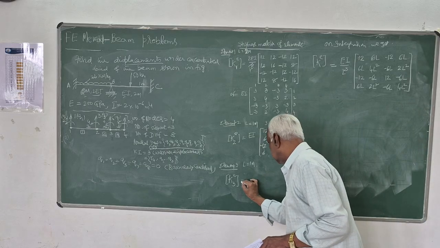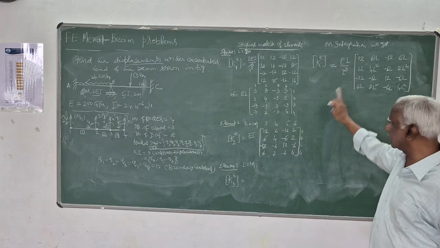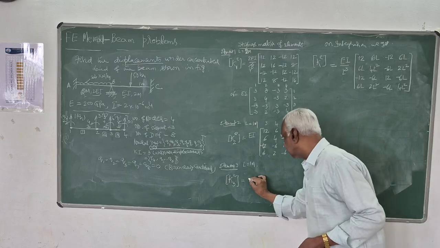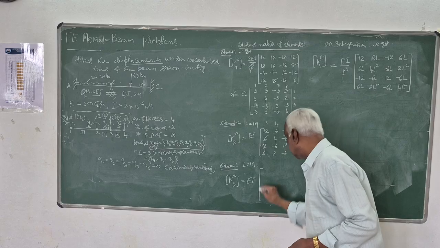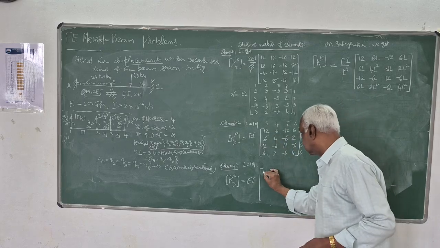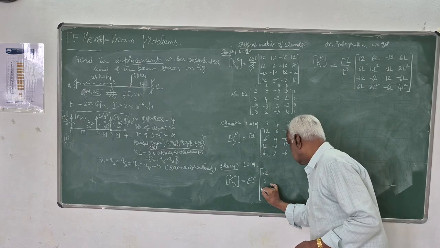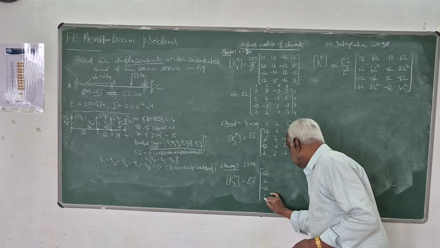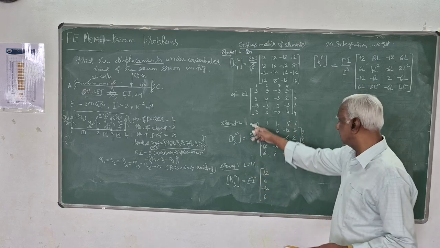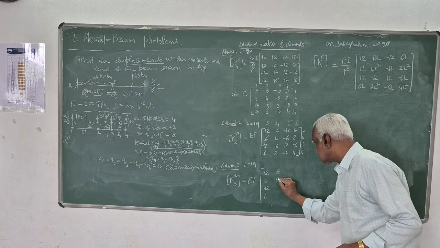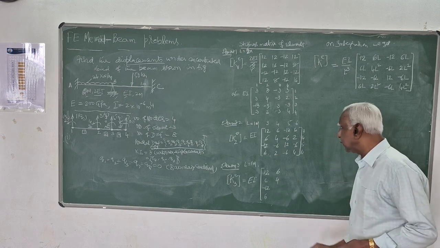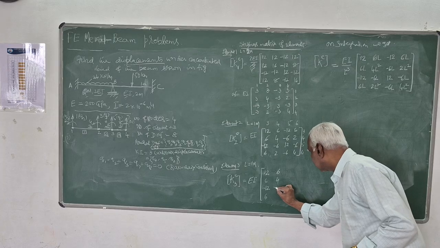So K3 is EI by L cube, EI by 1 cube, so that is EI itself, and the same elements: 12, 6, minus 12, 6, because L is the same. Stiffness matrices for elements 2 and 3 are the same.